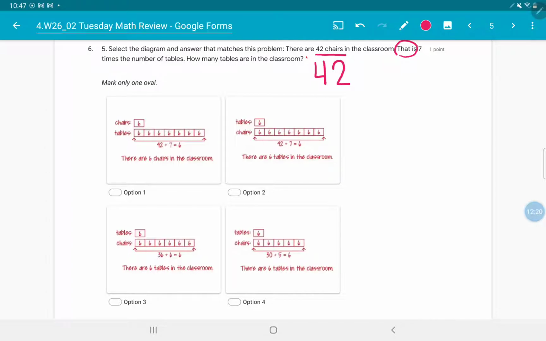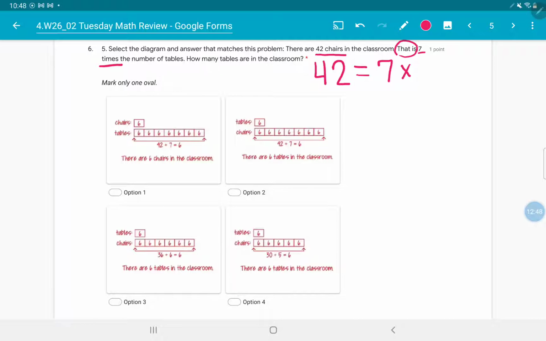Equals. So 42 equals, okay, it says that is, now I have 7 times. So what would I replace 7 times with in a mathematical equation, Harper? 7, and then the multiplication sign.